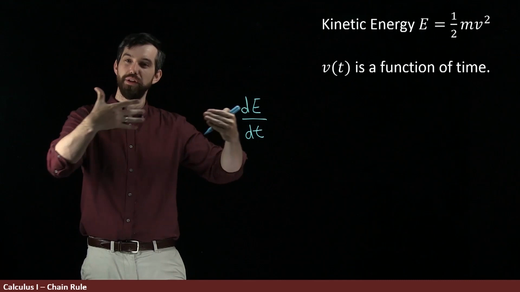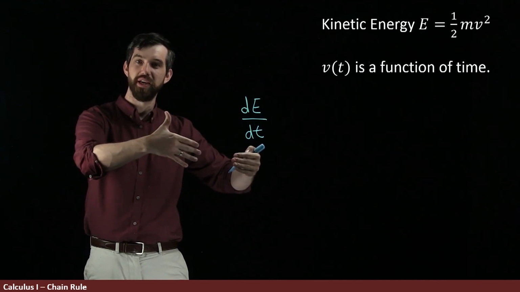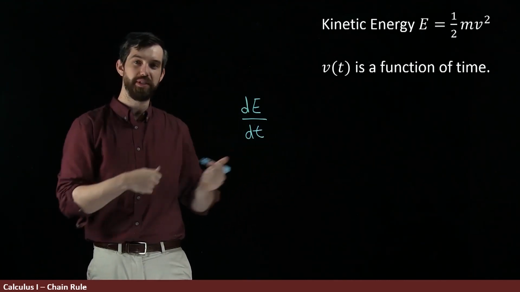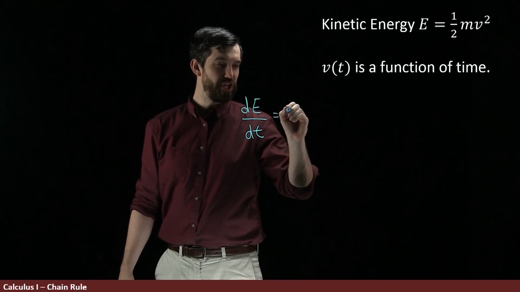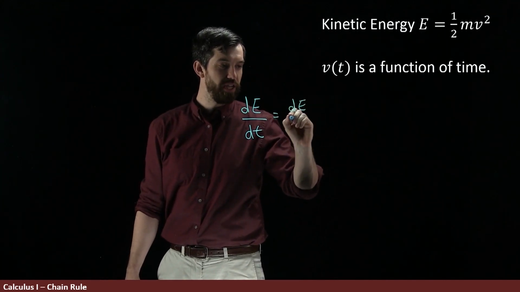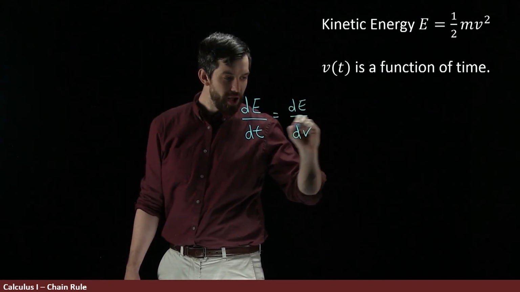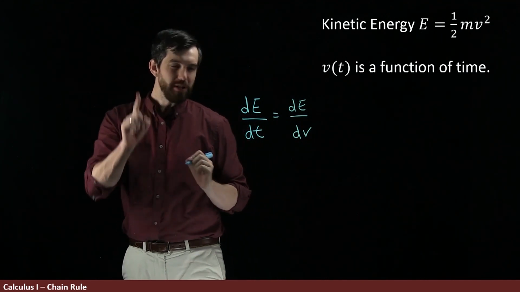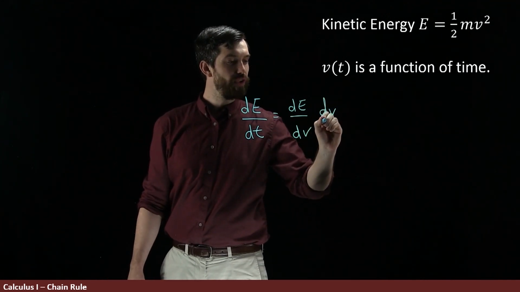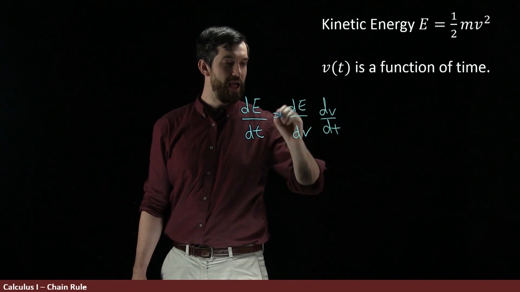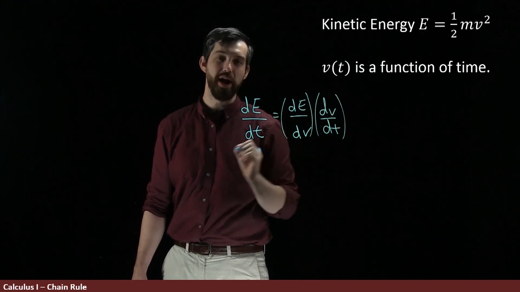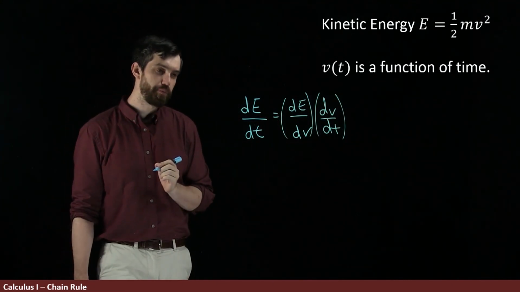The energy depends on the velocity, and the velocity depends on the time. I have a composition. And so I'm going to say by the chain rule that this is the change in energy with respect to the velocity, and then I have to multiply by the change in the velocity with respect to time. And I have this particular product that gives me the chain rule.